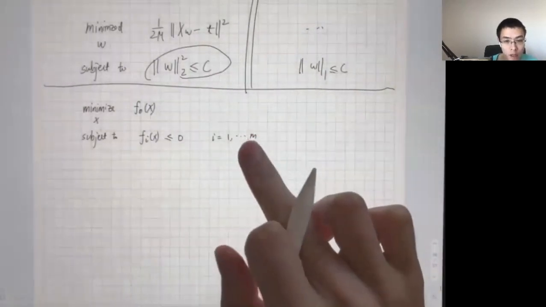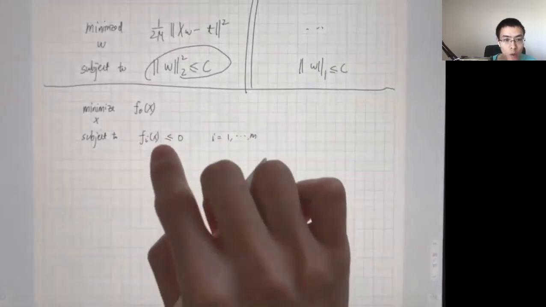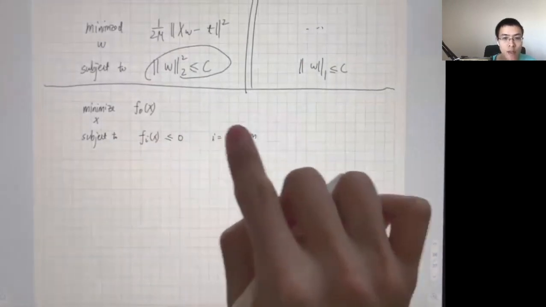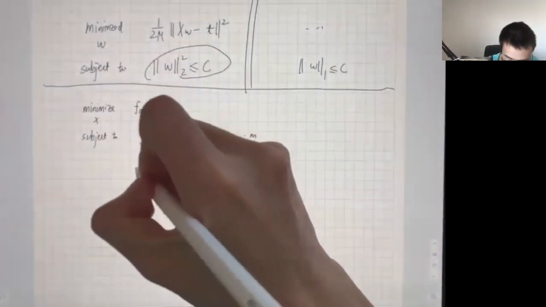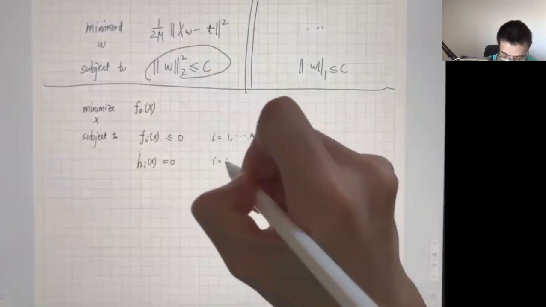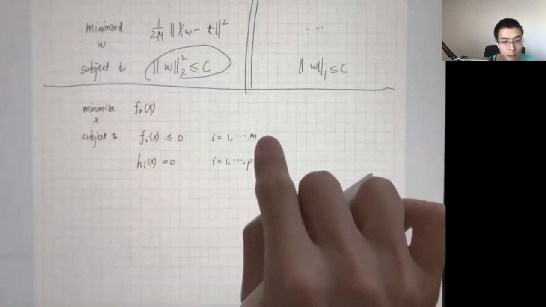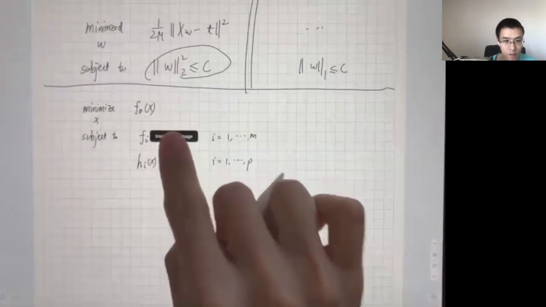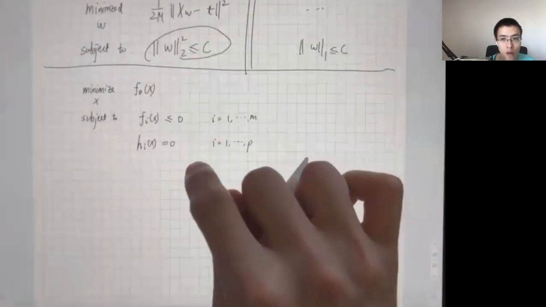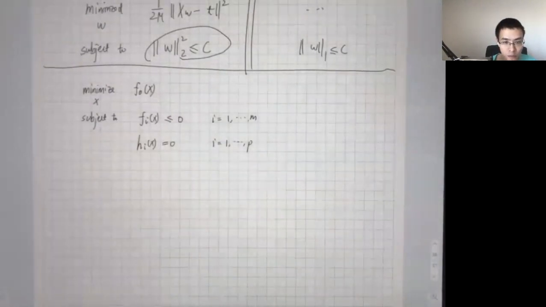So this m is not a data sample. I'm talking about a generic optimization problem where I have inequality constraints and I have equality constraints, hi of x equals 0, for i from 1 to p. I have p many equality constraints. I have m many inequality constraints. Okay. So this is a generic formulation of constrained optimization.